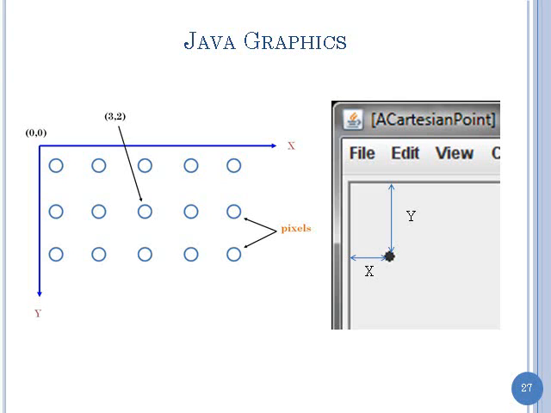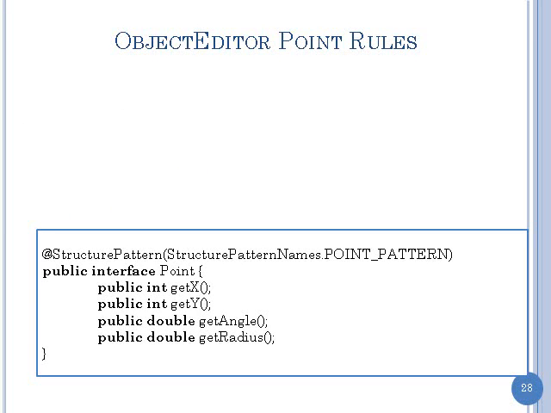If you had the point interface with height and weight, it wouldn't know what to do. But if you have a point interface with X and Y, it says, aha, that's a point. So you look at the names of the class and interface, but that's too constraining. So it's much better to tell it, and then the Object Editor has to search.